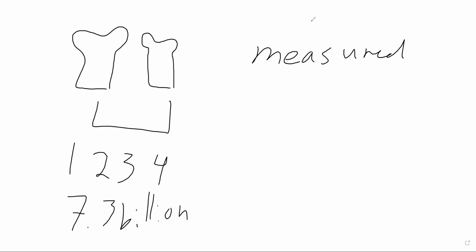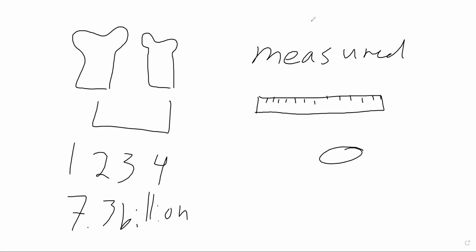Now for a measured number, it's different. So we kind of mentioned rulers a little bit ago. Anything that you use a ruler for, anything you use a scale for, anything that you have to measure in any kind of way that you're not just counting, that's going to be a measured number. Thank goodness they gave it such an apt name.